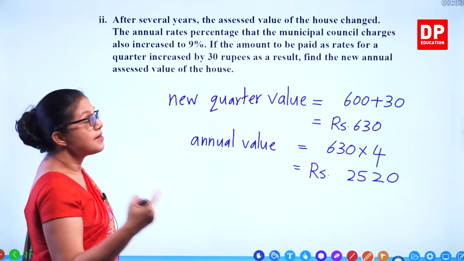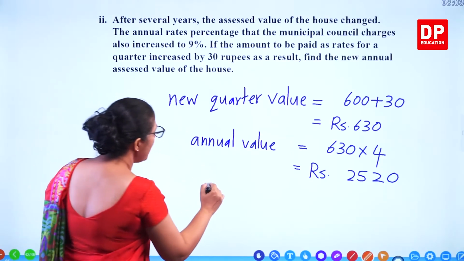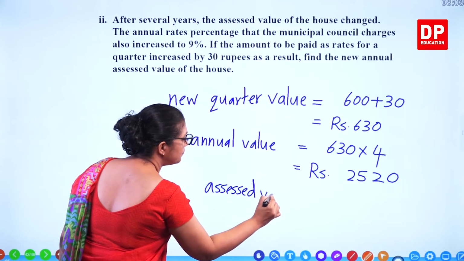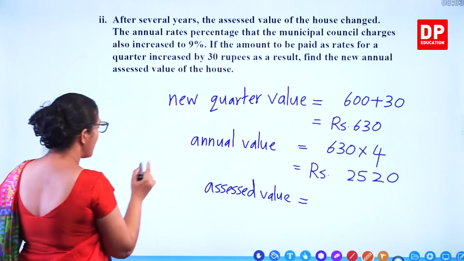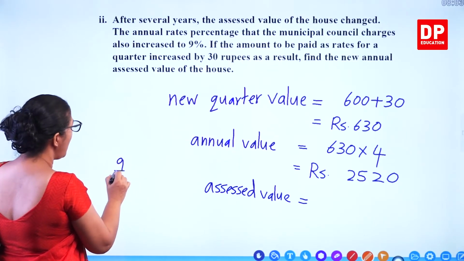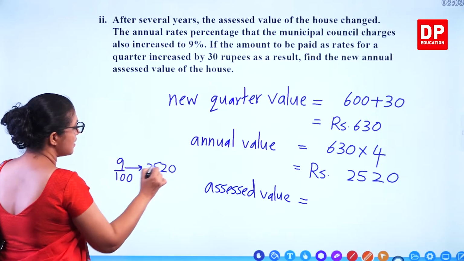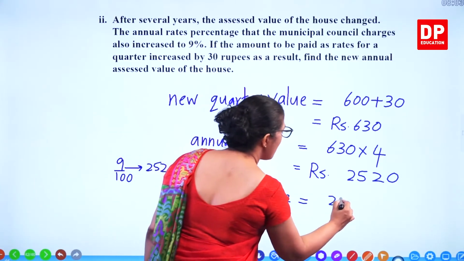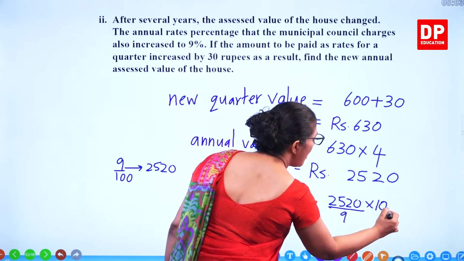So that's 9% value. So what is the assessed value? Assessed value becomes, now here 9 over 100 means 2,520. So what's the 100% value? So you'll have to divide this by 9 and multiply by 100.